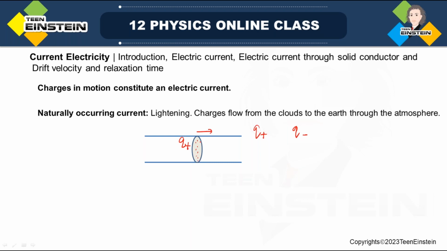I'm just considering, suppose this is the forward direction, and suppose Q plus is the charge which flows in a particular time interval t. Some plus Q charges flow in the forward direction, and some Q negative charges also flow across this cross section during this time interval 0 to t, say.